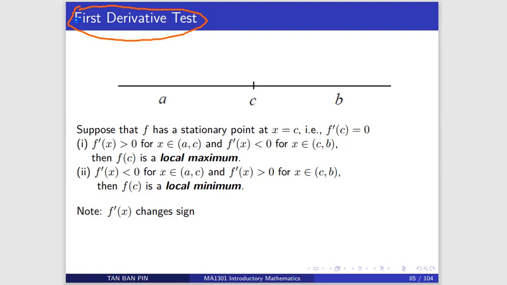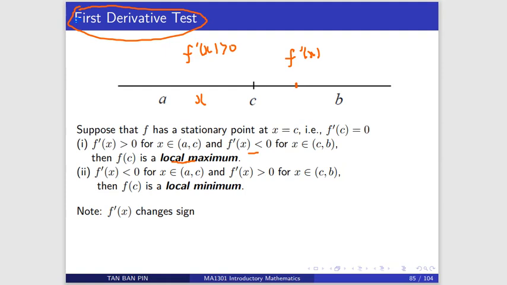And if you know that f prime x is positive for x less than c, for x belonging to a to c, so x is here, and f prime is negative for x here, then you have a local maximum.